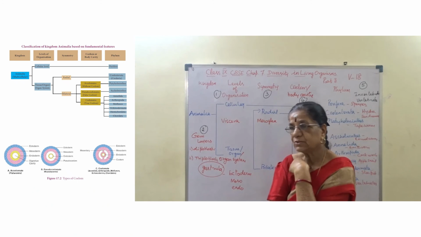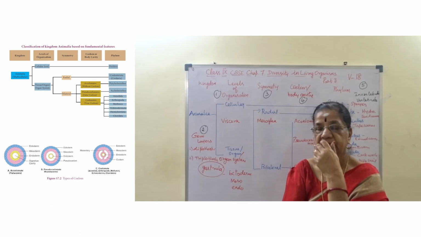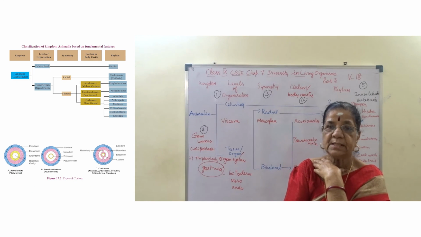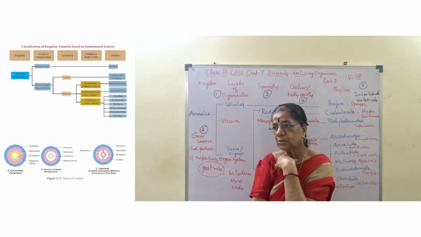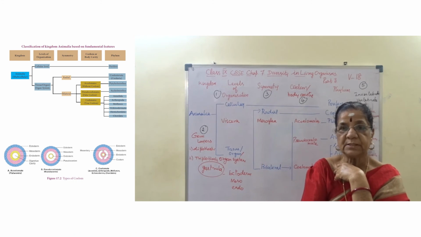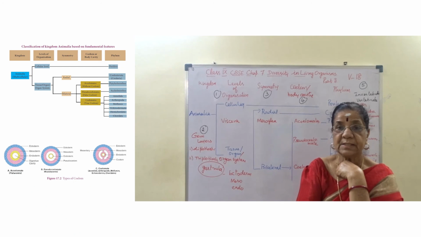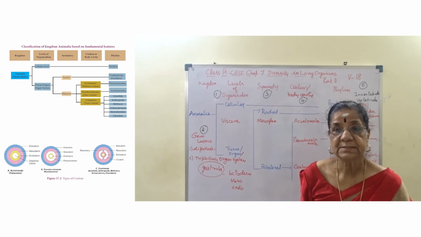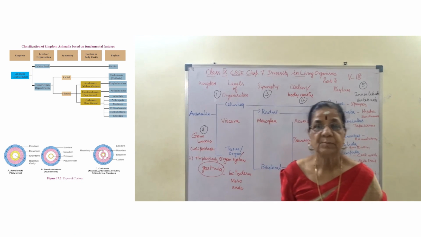It reproduces both by sexual and asexual methods. The asexual method is typically budding, for example hydra budding. Hydra can also reproduce by the sexual method, and hydra exhibits the hermaphrodite method of reproduction, as it has both testis and ovary in the same animal.